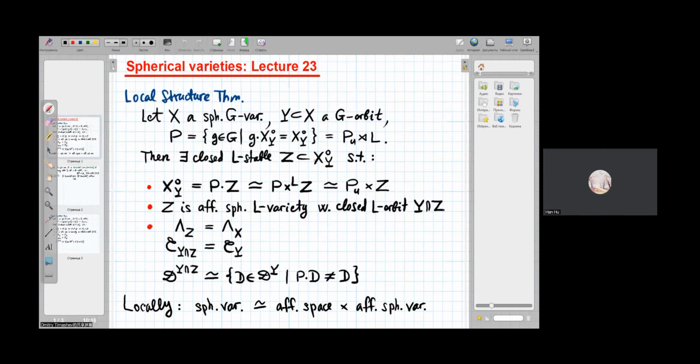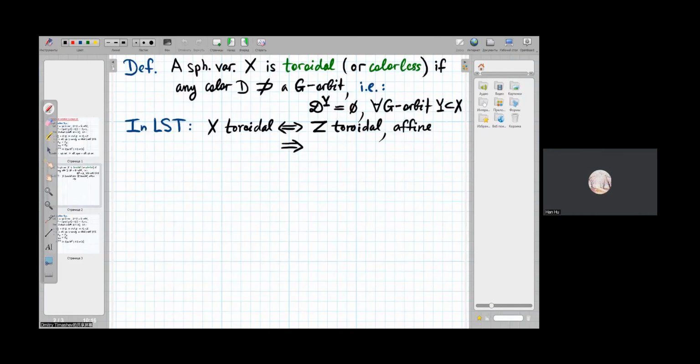Since that is so, why do we write it again? Well, just to emphasize that this condition is important for the sequel, for what I'm going to tell you now. So this is just an addition. This is not because X is toroidal. So X is toroidal if and only if Z is toroidal.